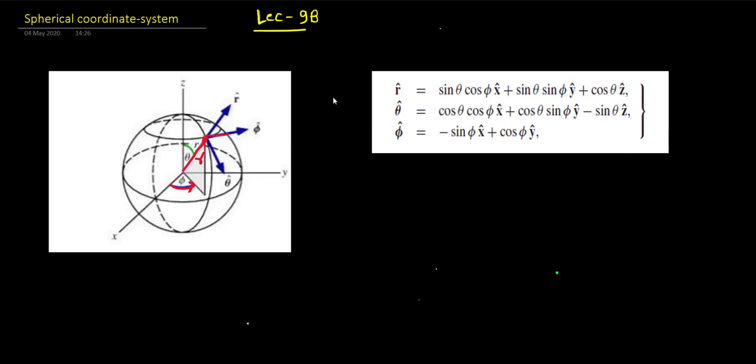Now if you keep phi constant and try to move around this sphere, you will be tracing this vertical circle. In this vertical circle, phi is constant at every point.